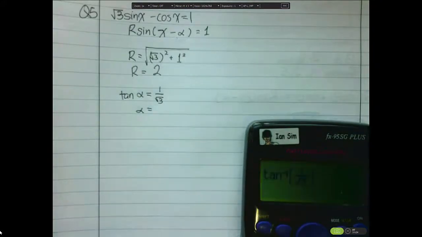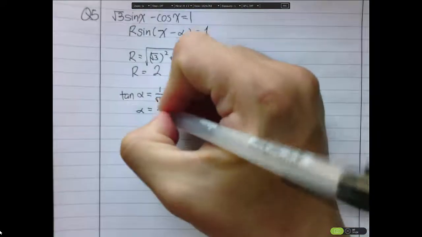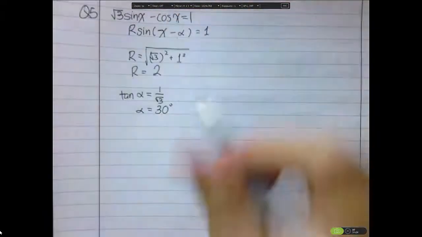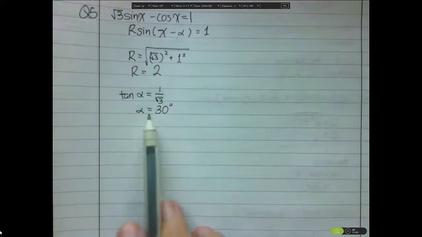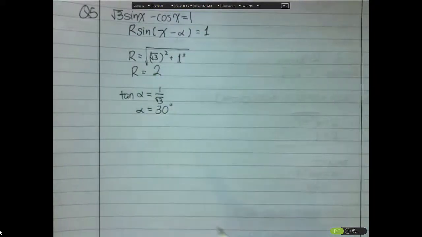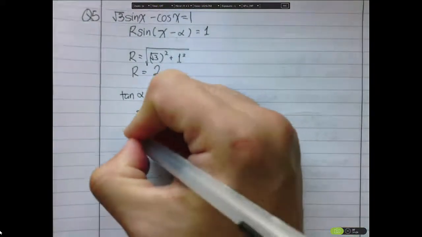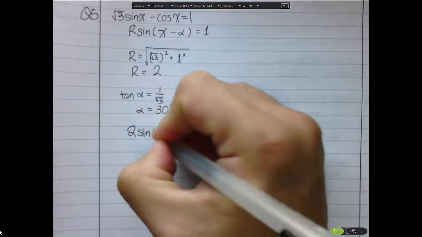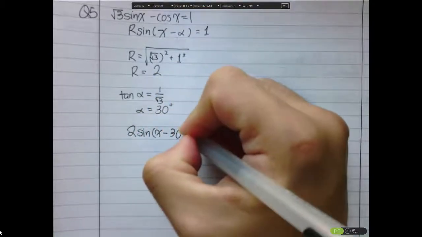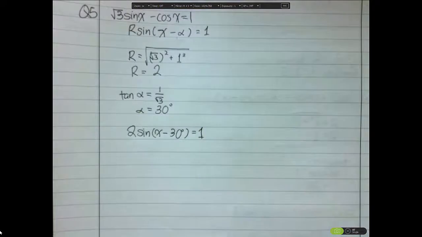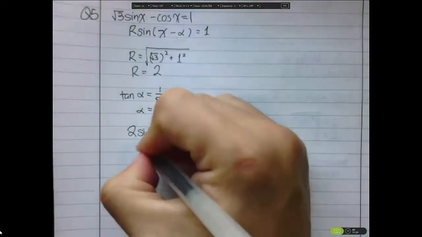What I get is 30 degrees. So alpha is 30 degrees. So for this whole term, I fit in the R value and alpha value. So I get 2 sine x minus 30 degrees is equal to 1. Then we solve it as per normal.